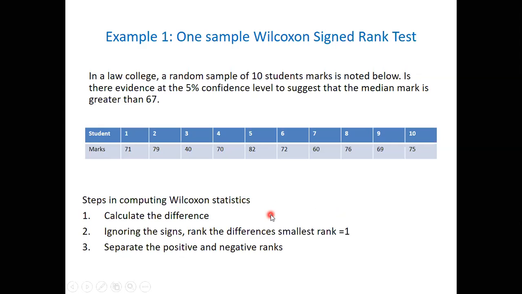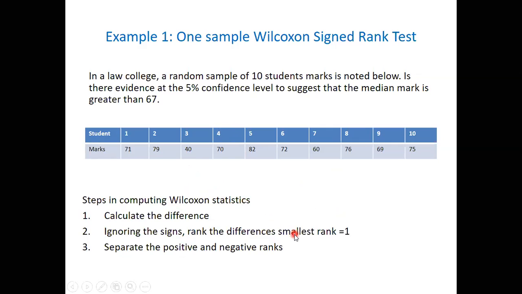If you remember, when we do the one sample t-test, it's the same logic, because that one will give you the mean in the population. So all you need to do in the formula is calculate the mean for your sample and remove the population mean from it. The same thing here also, you remove the median from each observation.